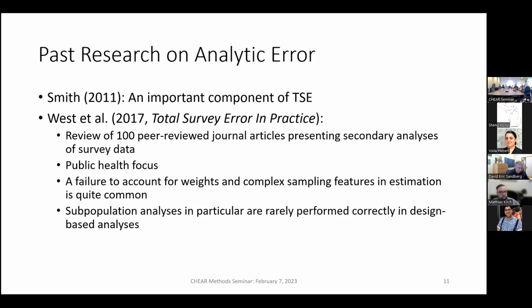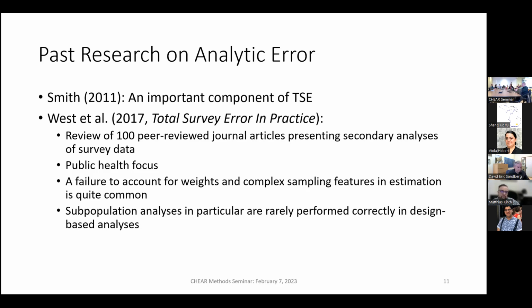In a book chapter in this book called Total Survey Error in Practice, I worked with some graduate students to review 100 peer-reviewed journal articles that were presenting secondary analyses of survey data. Most of these had a public health focus. And we found in this initial study that a failure to account for weights and complex sampling features and estimation is extremely common in these peer-reviewed journal articles.